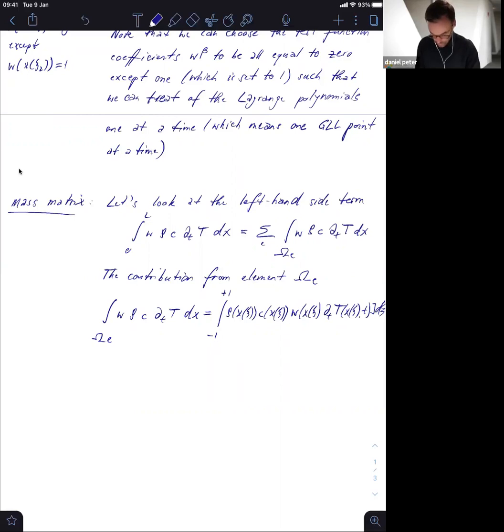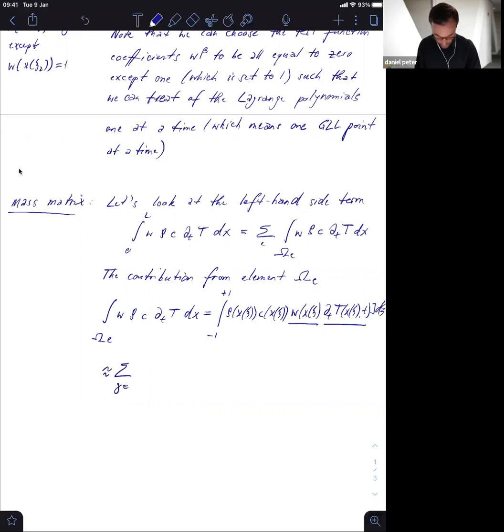So you see we have now the function expansions here for the test function and for the temperature. So let's do that. We're going to use the quadrature to evaluate this integral. So it's an approximation of the integral value.